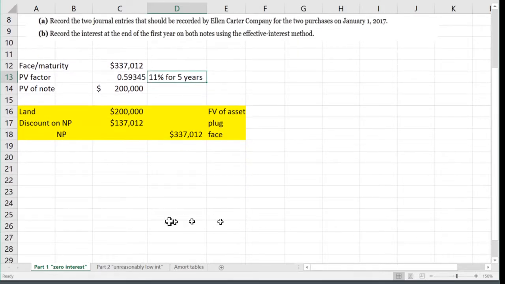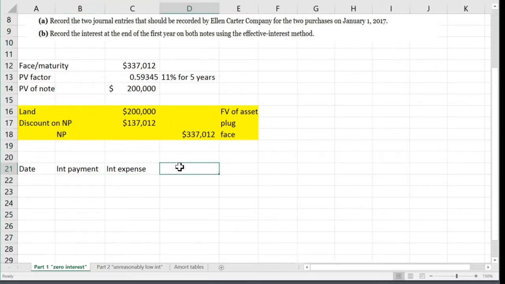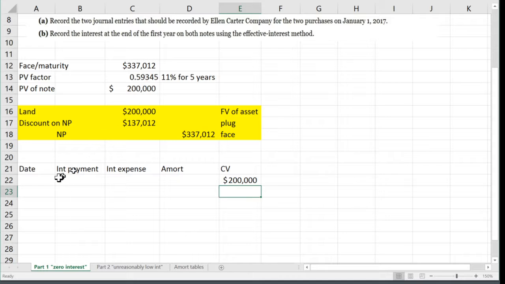Well, just like with a bond, we use our amortization table to calculate the difference between the interest payment and the interest expense. And the difference between those two is the amortization, and that's going to change our carrying value. So our initial carrying value is going to be $200,000.